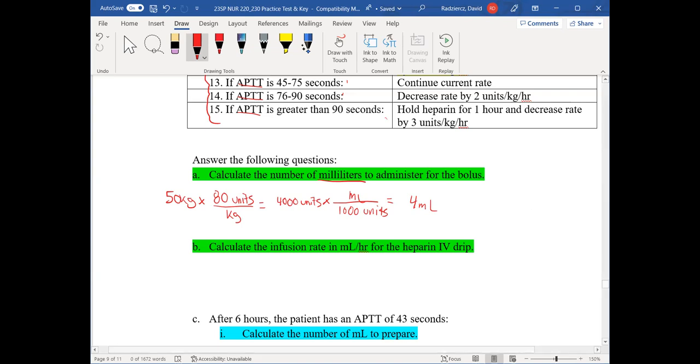For the flow rate, the infusion rate, it tells you to look for milliliters per hour, even though it's calling it a drip. And it is going pretty slow because it's going to be like 10 milliliters an hour or something like that. It's really, really slow. So 50 kilograms.